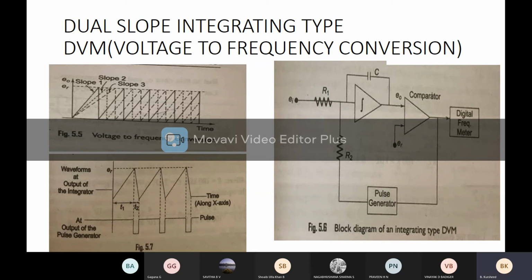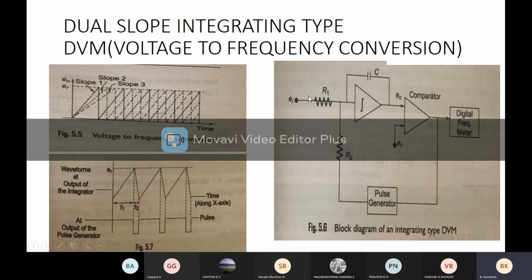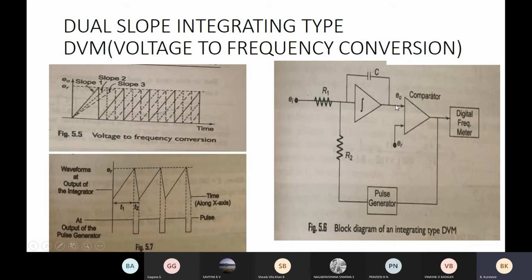When the input analog DC voltage is given, a digital frequency meter gives the output in terms of frequency. When EI is given, the capacitor will start to charge. While the capacitor is charging, if this voltage is lesser than ER, the output will be negative.